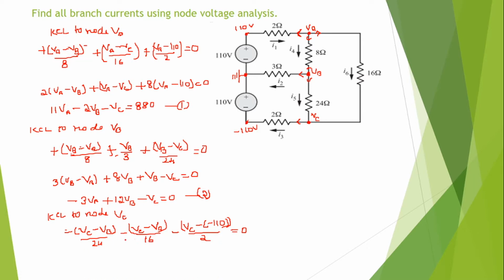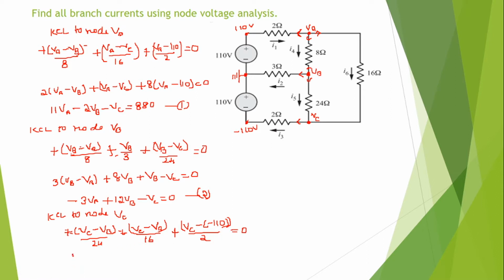So if I simplify this, what will happen? All are currents through passive elements, so I can multiply with the minus sign, and all become a plus. Take a common denominator of 2, 16 and 24. The common denominator is 48.